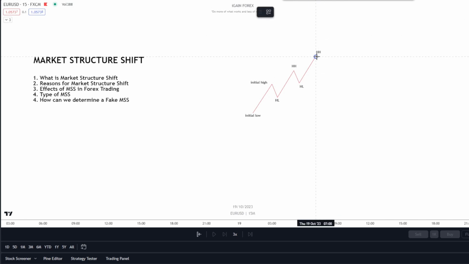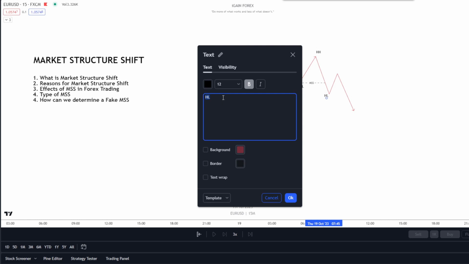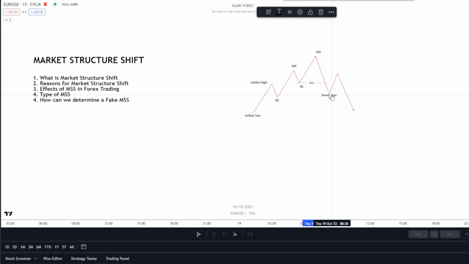For example, if the market breaks this higher low and creates this lower low and a lower high, we can determine this as a market structure shift. This is a market structure shift since we have this lower low created and a lower high created.